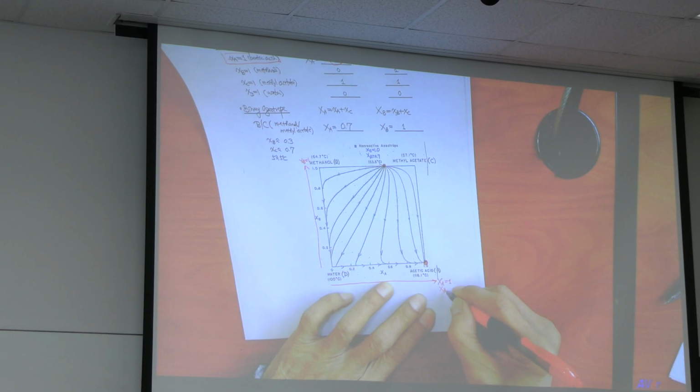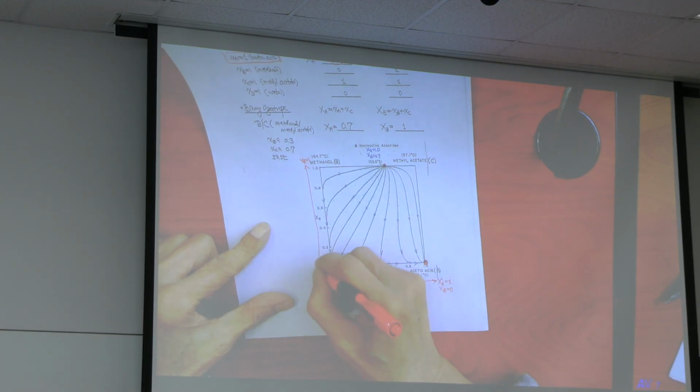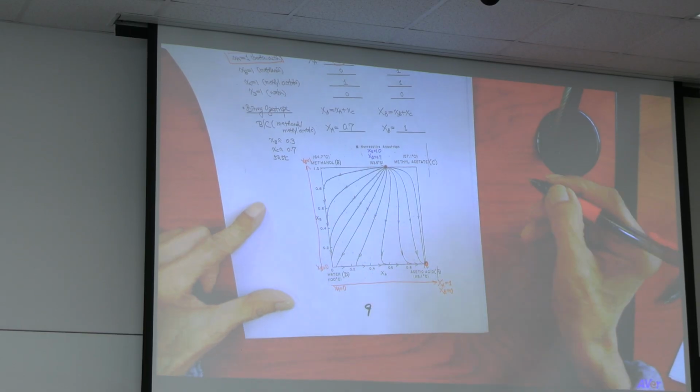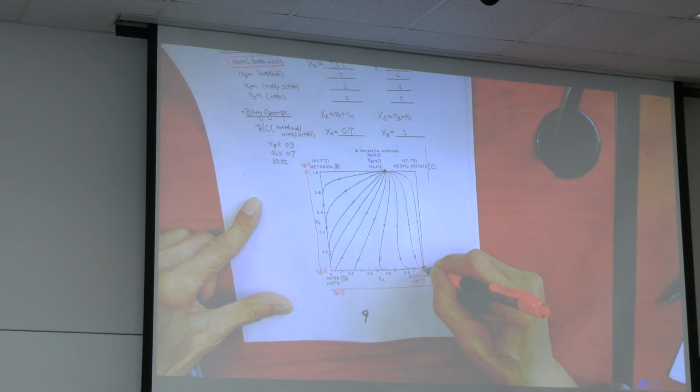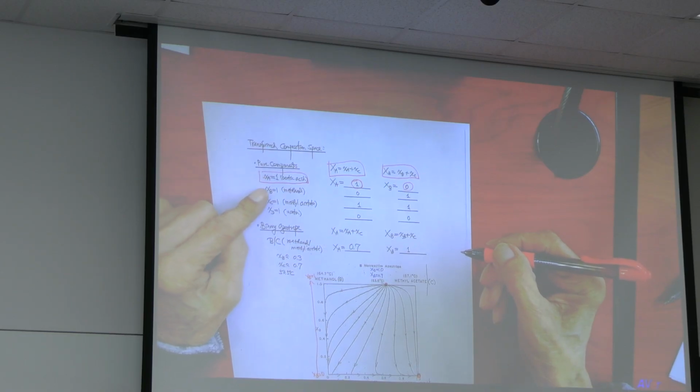XA equals 0, okay? XB equals 0, XA equals 0. So this point is small xa. How about methanol?